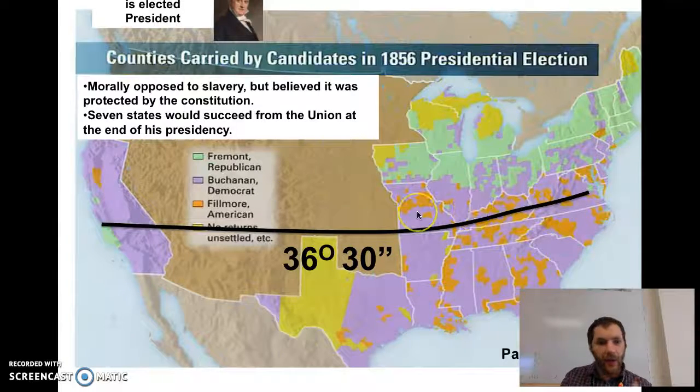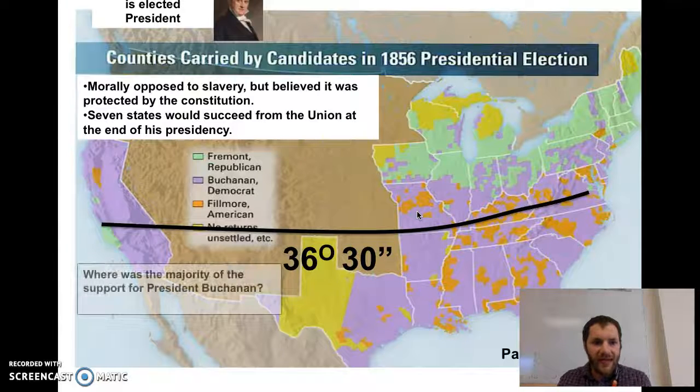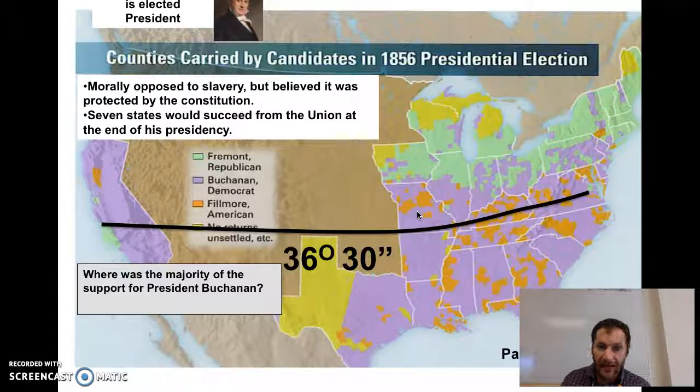So with that in mind, I bring up this question: when he was elected, where was the majority of the support for President Buchanan? And that was in the southern states here. It was kind of like a last-ditch effort to keep the Union together.